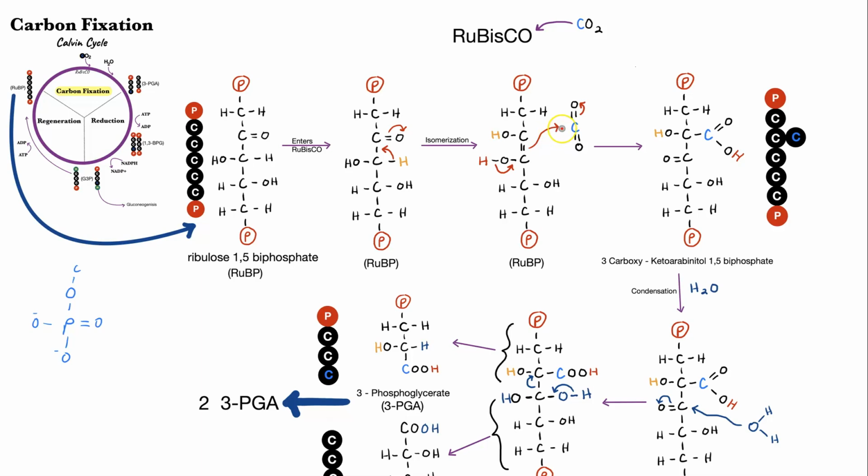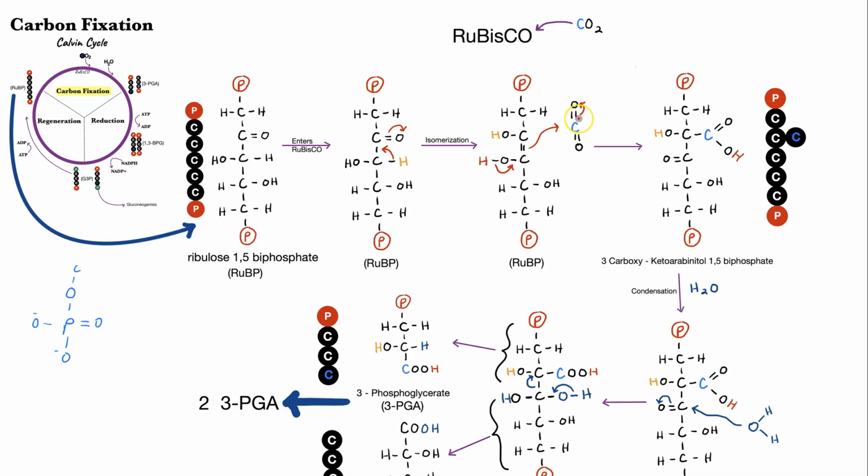So it's kind of like a nucleophilic attack here. Remember, CO2 has to be in close proximity to this area. So Rubisco creates the active site and the environment for the isomerization to occur, and more importantly, for the CO2 to be in close proximity. Essentially this pair of electrons attacks this carbon, and it makes this bond here.